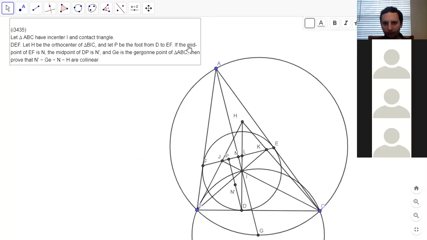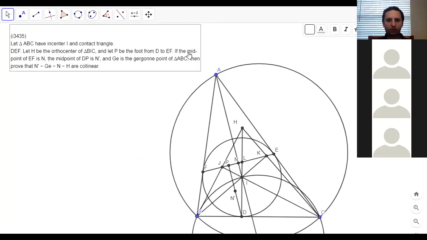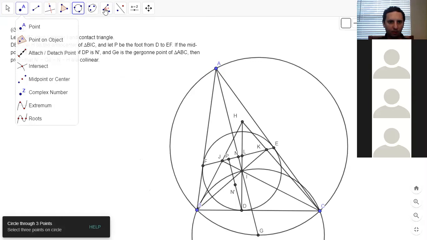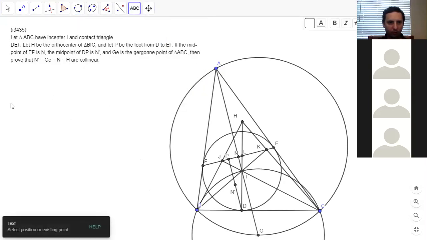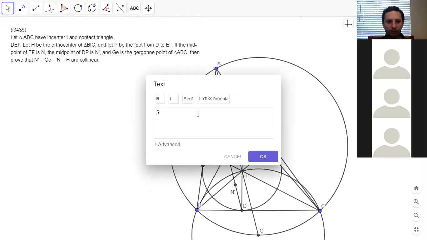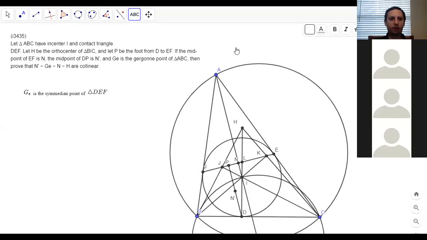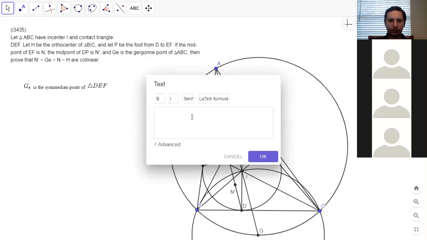Can I draw the intersection of EF and BC, DE, and AB? Hold on one sec. So first I'm going to type up Serdar's solution. So first of all, we have GE is the symmedian point of DEF. Okay. All right. And that's since DA, BE, and CF are symmedians.